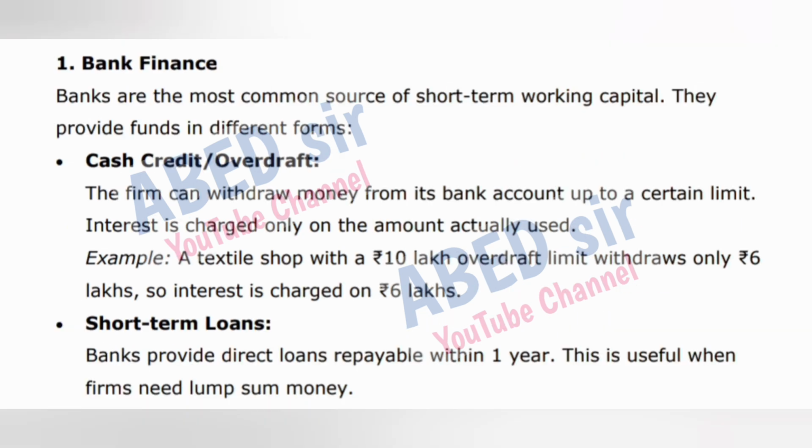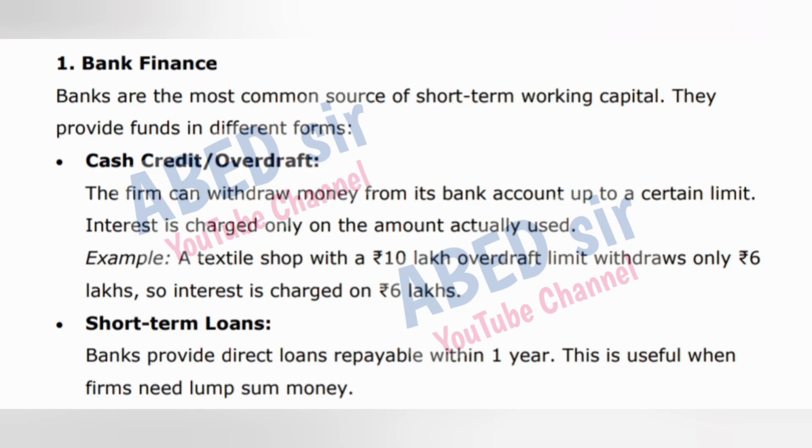1. Bank finance. Banks are the most common source of short-term working capital. They provide funds in different forms. Cash credit or overdraft. The firm can withdraw money from its bank account up to a certain limit. Interest is charged only on the amount actually used.